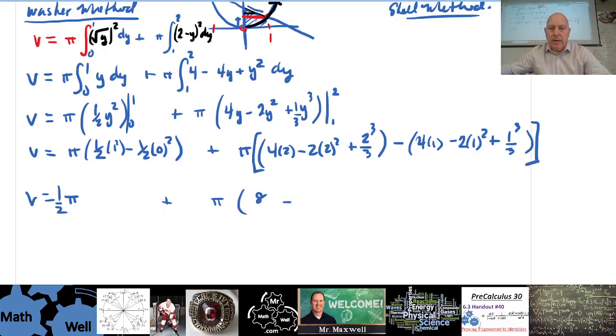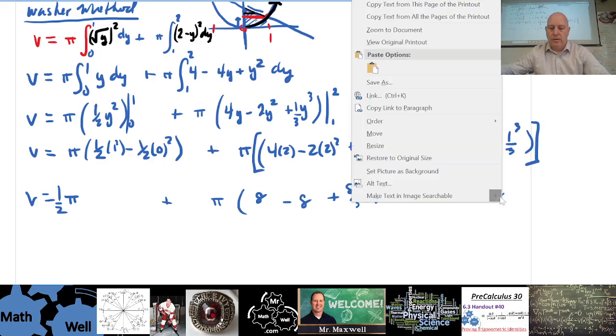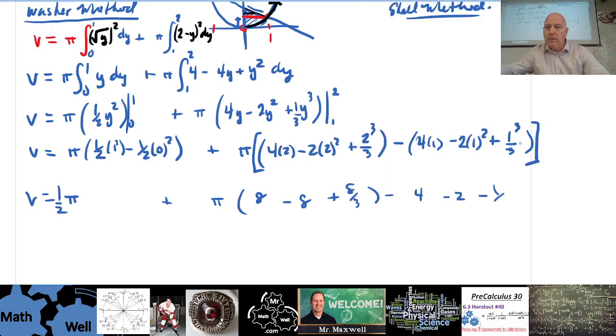So 8 minus 2 times 4, that's 8 minus 8, plus 8 over 3, minus 4, minus 2, minus 1 over 3, it's 1 cubed over 3. So that's gone. 4 minus 2 is 6. 8 over 3 minus 18. It should be just, I think, 1 pi over 3.